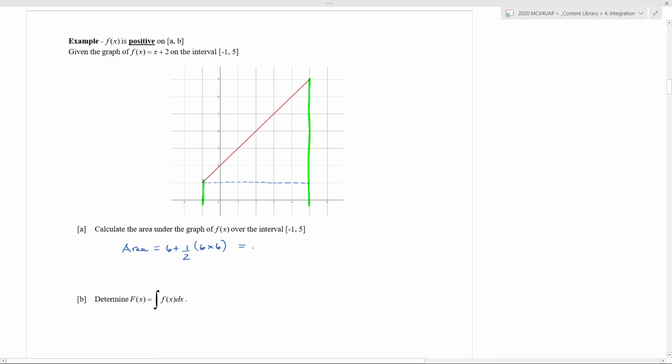So this entire shaded region here has an area of 6, and then the triangle has an area of 18, and when you add those two together, you get 24. Everyone agree with that?